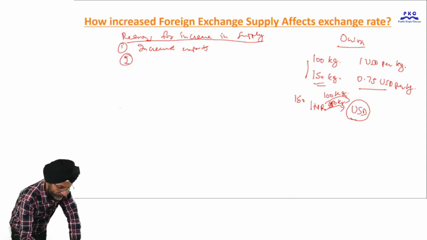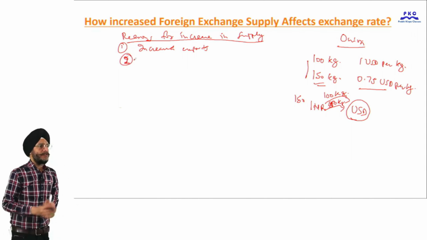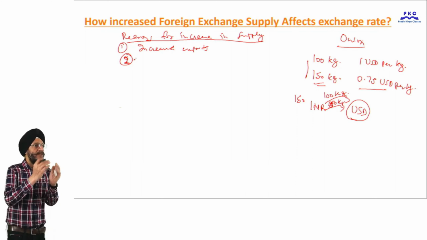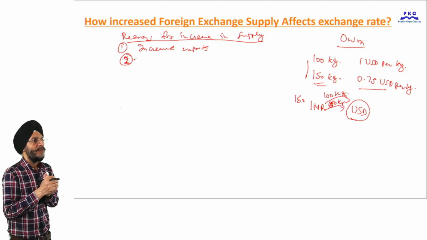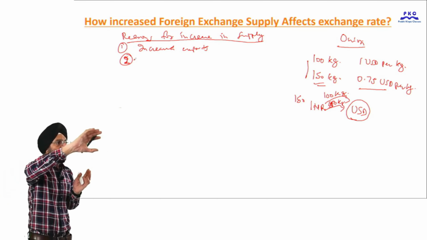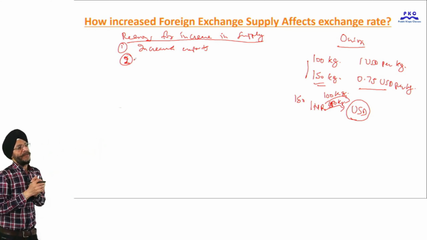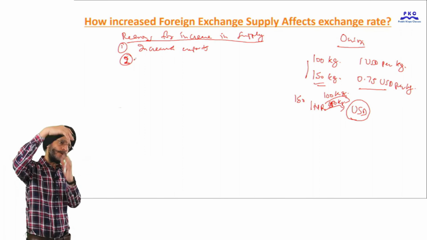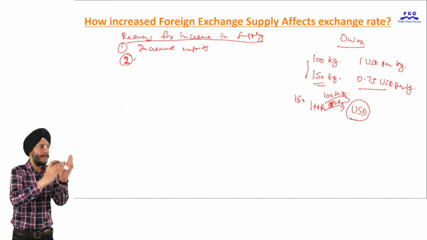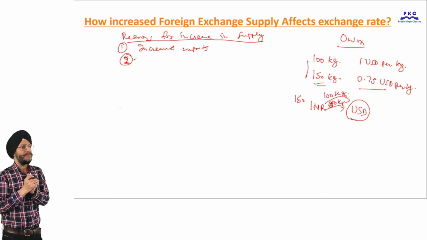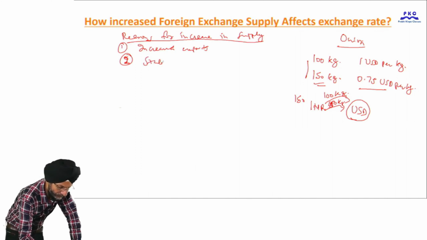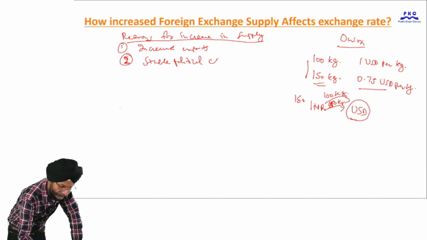Next, suppose in India there is improvement in political climate. We are taking only an example. As compared to earlier, if there is stability in political climate, the government is stable, what will happen?